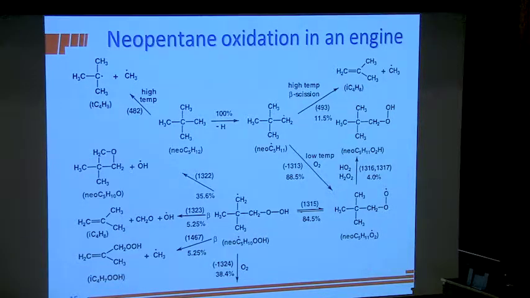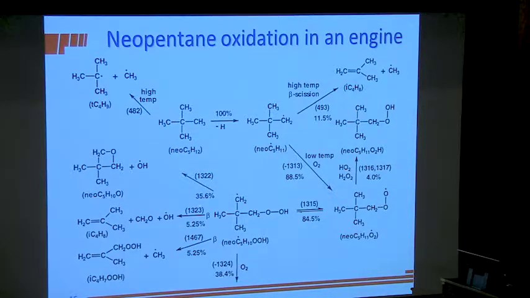So this is the cyclic ether, and these are the other beta scission products that I was talking about earlier. So this is, what is it, 35, 45, 46%.